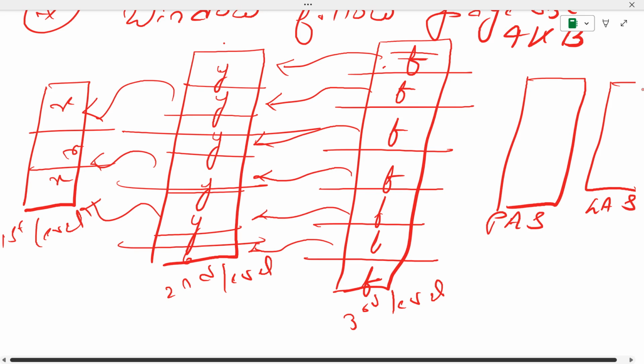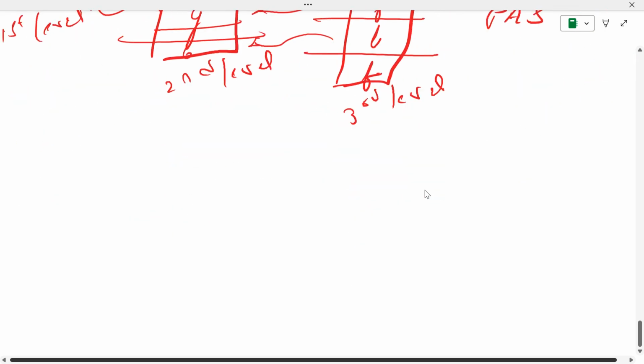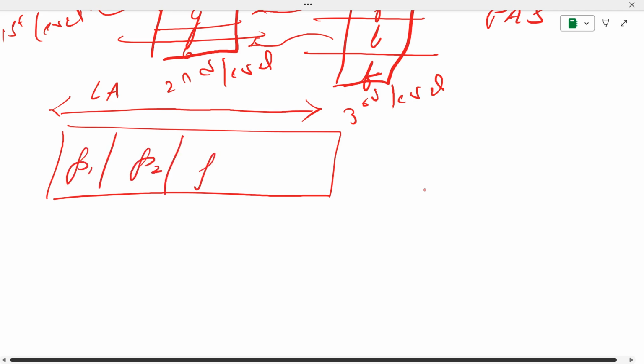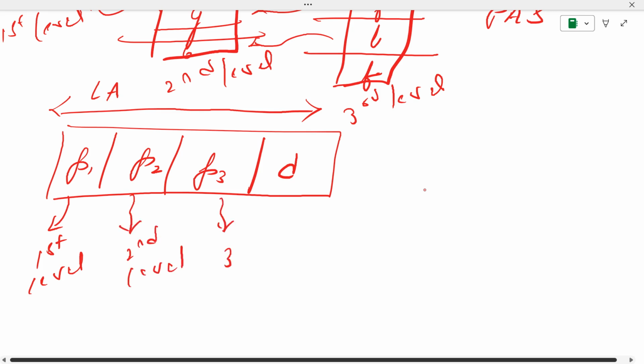Okay, so the LA will be something like this. If this is the logical address, the logical address will be divided into P1, P2, P3, and then D, where P1 stands for first level of indexing, P2 stands for second level of indexing, and P3 stands for third level of indexing.